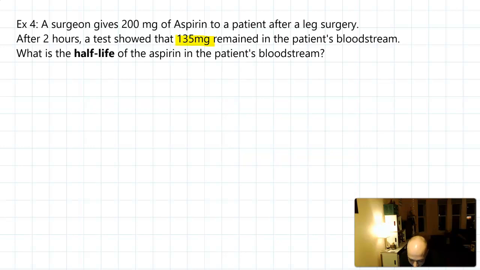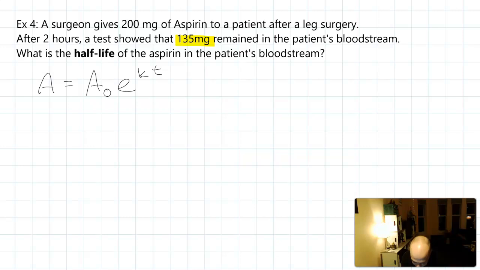Well, if this had come out to exactly 100, we could just say, oh, the half-life was 2 hours, but it didn't. So we need to find the half-life, and to do that, we need to write a model. We need to use the data points we've got. So, like before, let's say A equals A naught e to the kt.